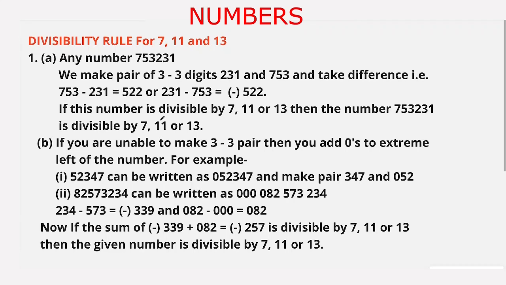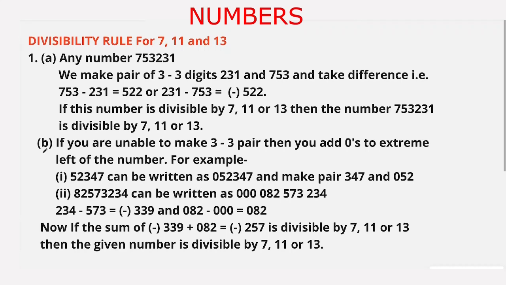If this number is divisible by 7, 11 or 13, then the number 753231 is divisible by 7, 11 or 13. Now what should we do if the number is not 6 digits, or the number cannot be split into 3-digit pairs?